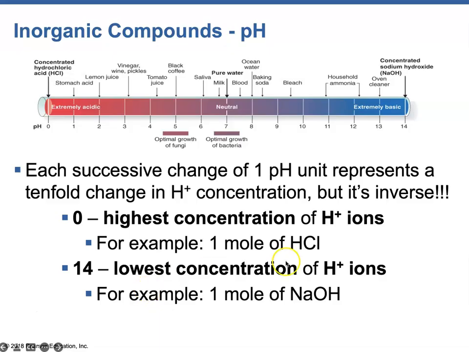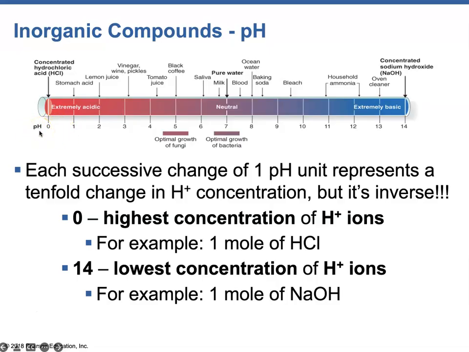The lowest concentration of hydrogen ion would be like the base, the very, very strong base of sodium hydroxide, right? So that would be over here, close to where 14 is. So the less hydrogen ion that you have, the more basic a substance is over here. The more hydrogen ion you have, the more acidic the substance is going to be, or over to the left.